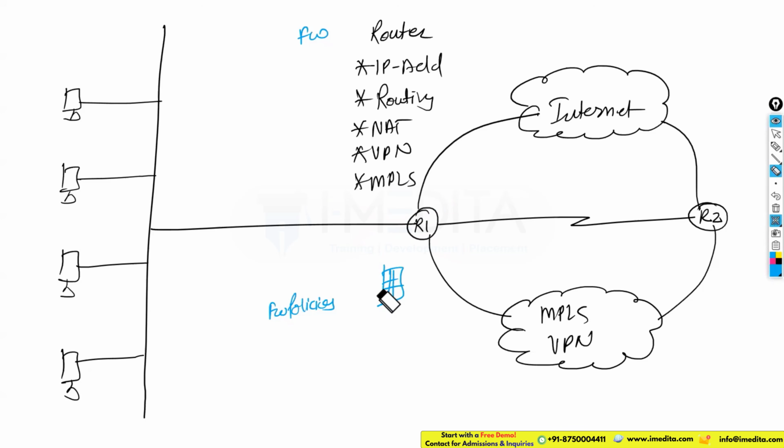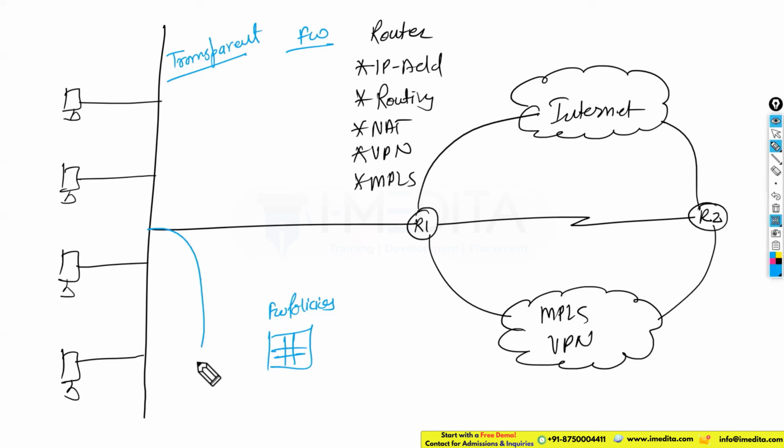We just want firewall policy here. To do so, we will use a transparent firewall. A transparent firewall will be configured between the LAN and the gateway. Connectivity between the gateway and the LAN will be broken, and traffic will go through the firewall.